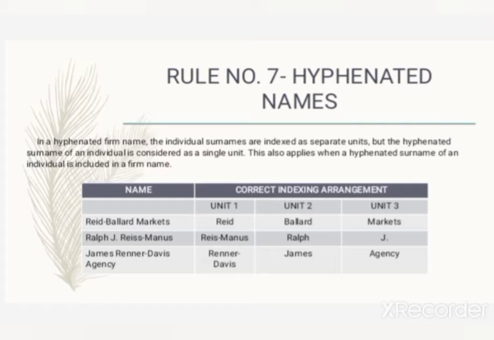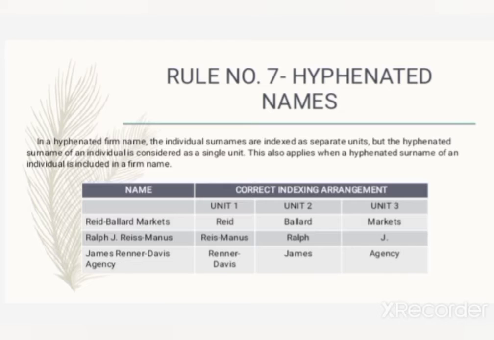Rule number 7, hyphenated names. In a hyphenated firm name, the individual surnames are indexed as separate units, but the hyphenated surname of an individual is considered as a single unit. A hyphen joins two parts of a word and allows the word to break at the end of the line.